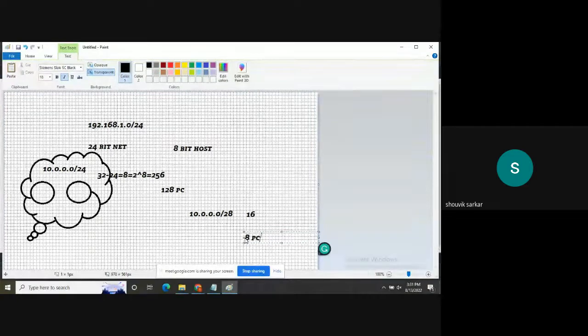Now, with the IP address provided to you, can you tell me how many computers we can allocate within this VPC if we had this kind of IP address? Just provide the answer. To understand the previous one, first we will find out how many IP addresses are there.